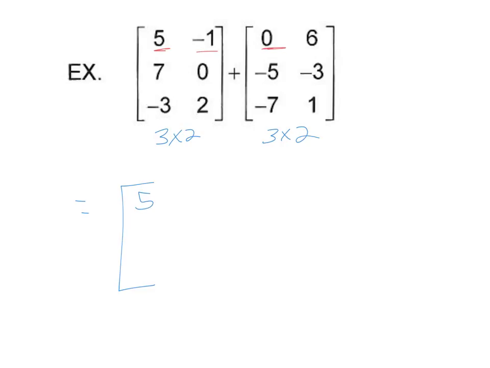And then I would add -1 plus 6, 7 plus -5, 0 plus -3, -3 plus -7, and 2 plus 1. Be very careful if it's subtraction that you watch your signs.